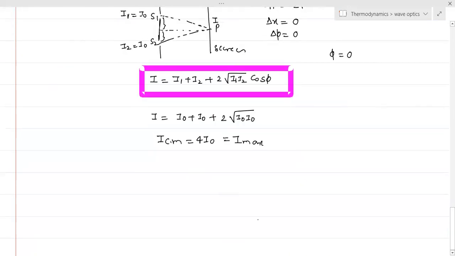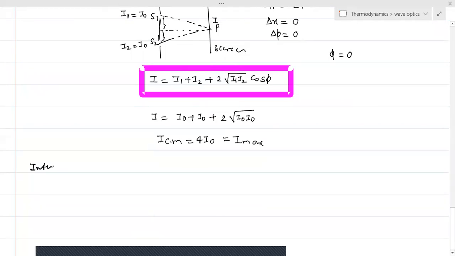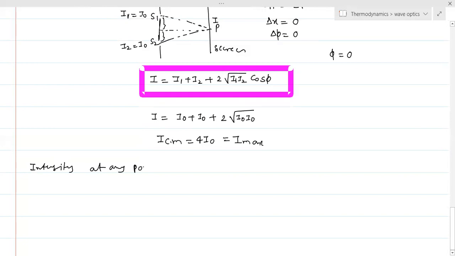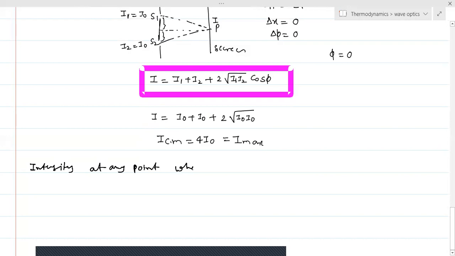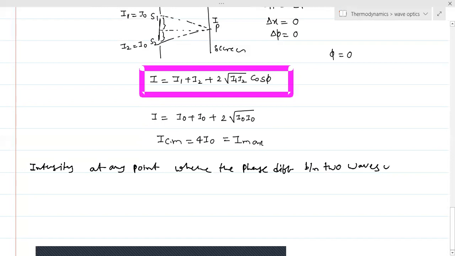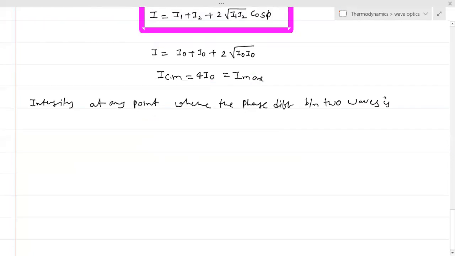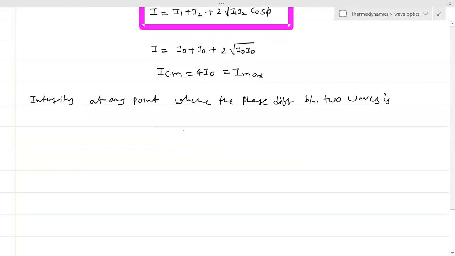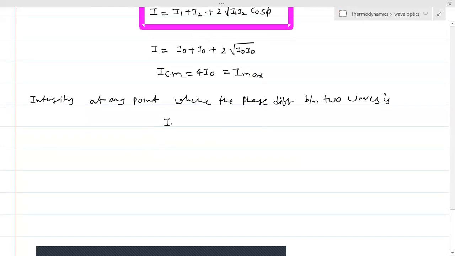Therefore, the final intensity expression at any point where the phase difference between the two waves is phi: when we are using two sources of the same intensity, we know the formula I equals I1 plus I2 plus 2 root of I1 I2 cos phi.